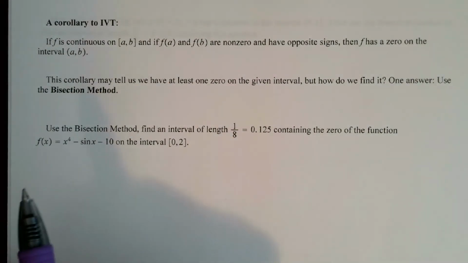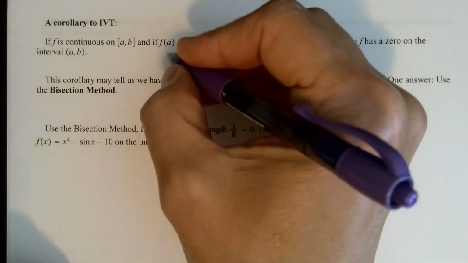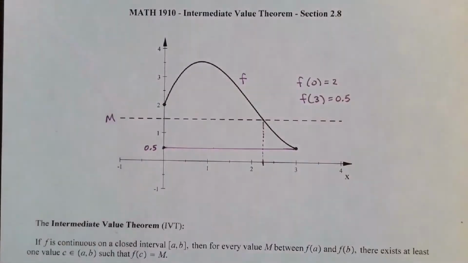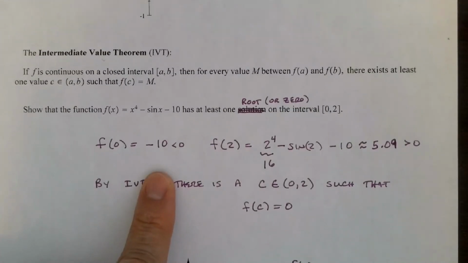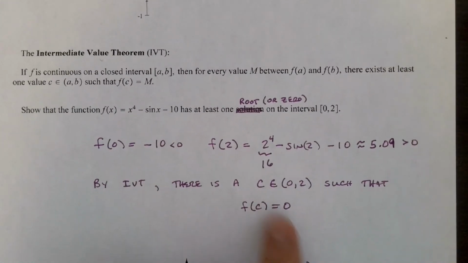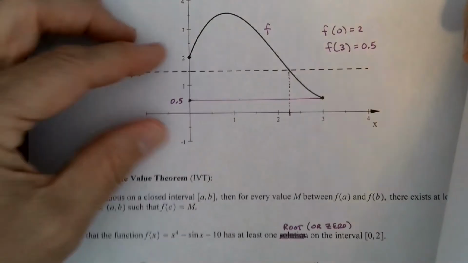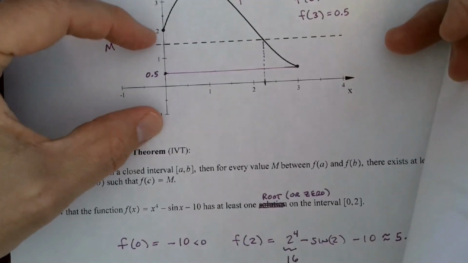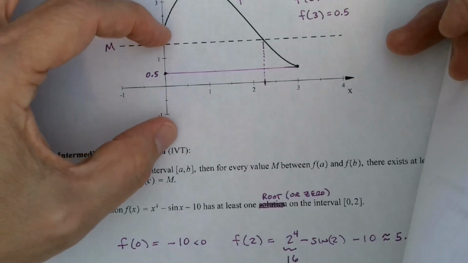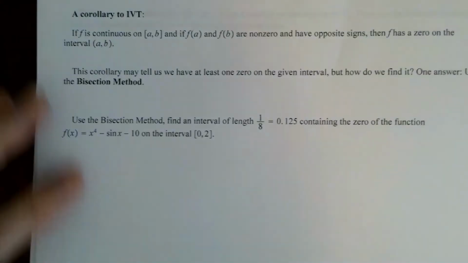And that's basically what we showed. f of 0 was equal to negative 10. It was negative. f of 2 is positive, and so since we have alternating signs, we know there's some point where the output has to be 0. If we were looking at the graph, we would have two endpoints whose values, one positive, one negative, and that means that we would be 0 at least once.